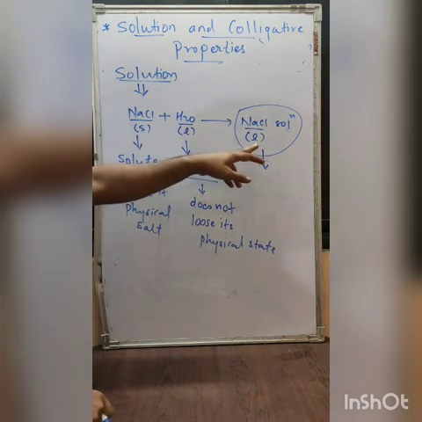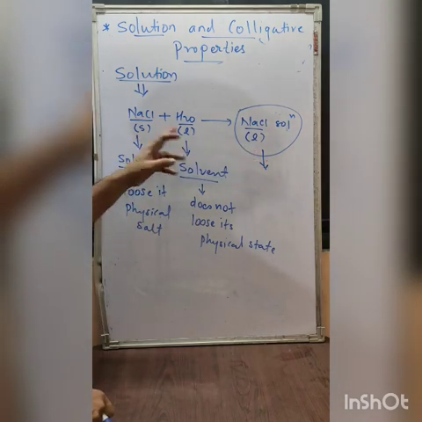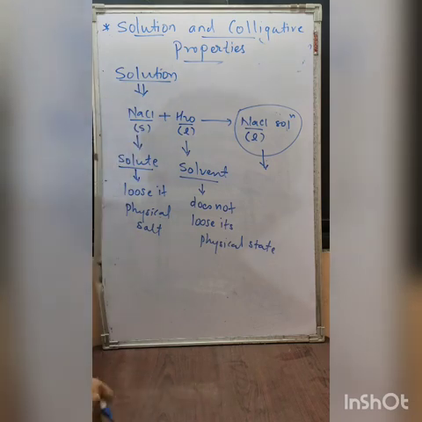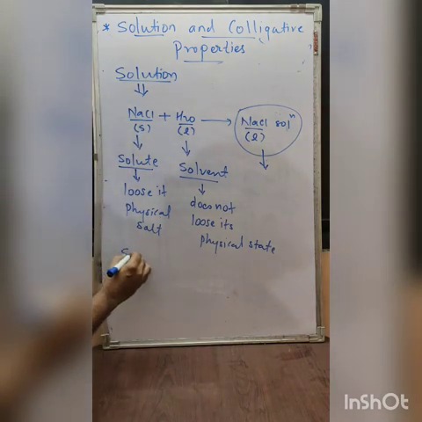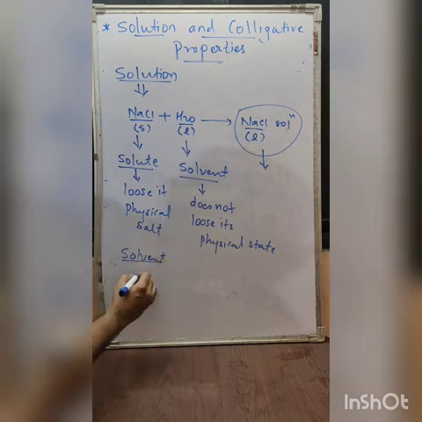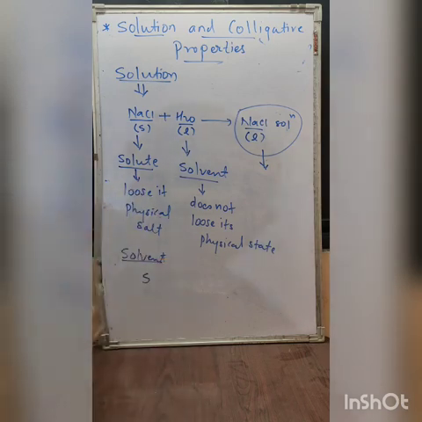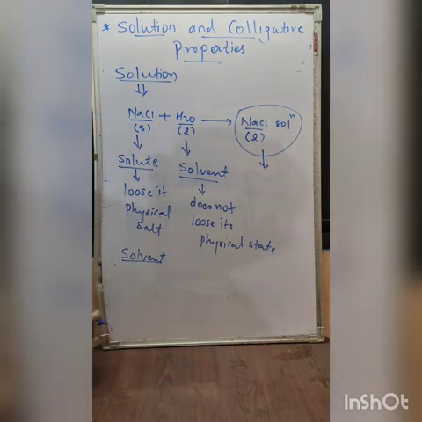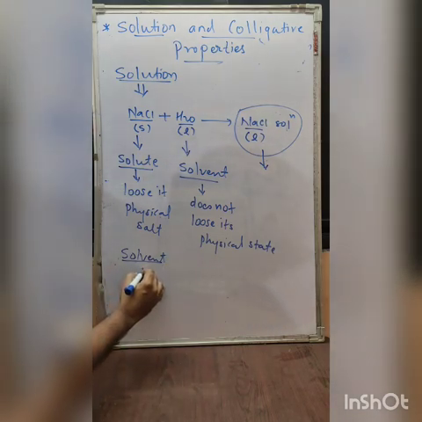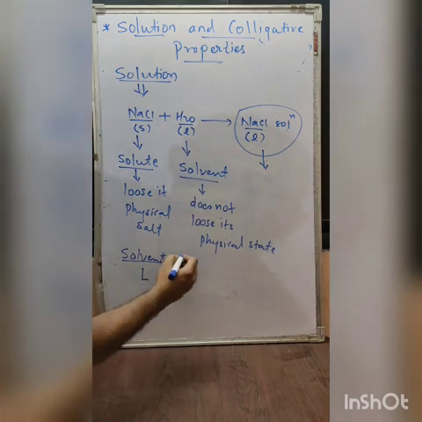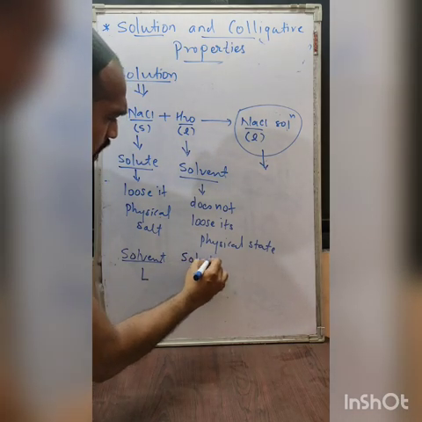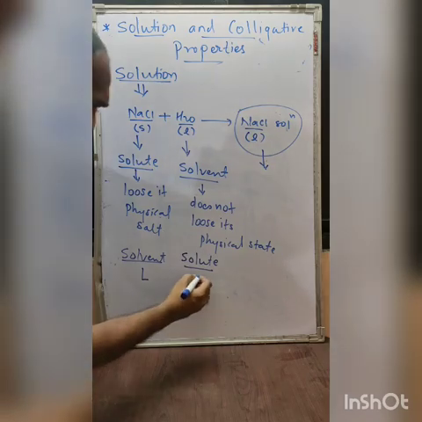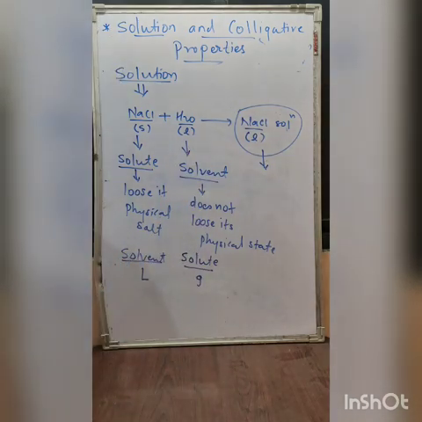The solution's physical state will be liquid, and then we have to see which of the two components is a liquid. Another example: suppose I take a solvent which is liquid and a solute in the form of gas.